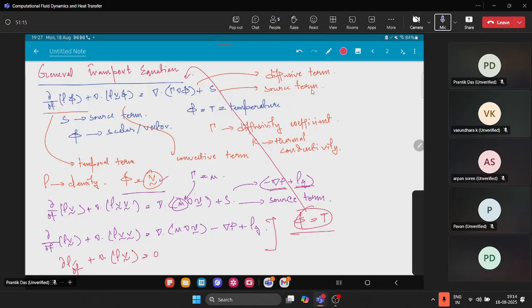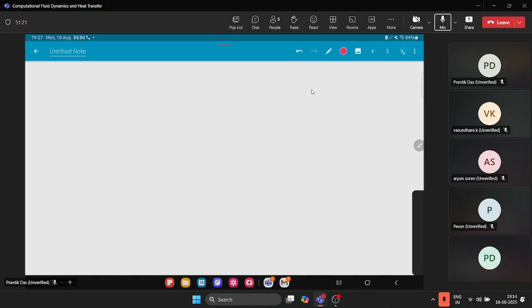Since this is a CFD course, we are going to discretize this equation. For the sake of simplicity, we are taking it to be del dot grad of phi plus S equal to 0. This one is called the diffusion plus source problem.